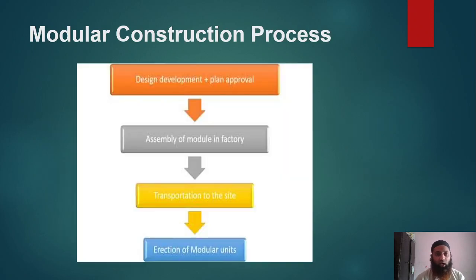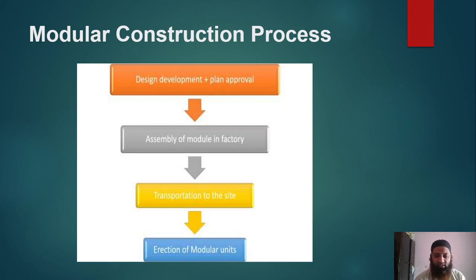You can see here how the modular construction process takes place. First, the design, development and plan approval comes up. The plan is the major thing, so first the plan comes up and the design is done. Then assembly of modules in a factory. As I told you, they are assembled in a factory itself, and tried and tested there to gain the required strength as well as the required guidelines set by the government code.